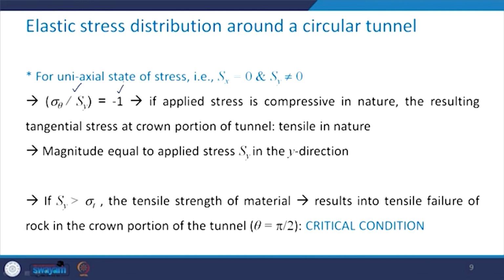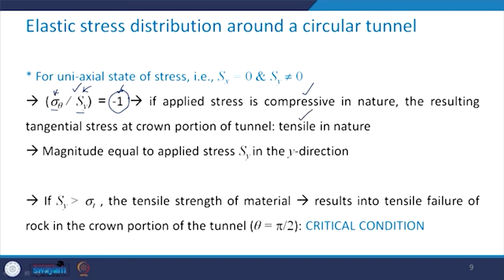If the applied stress is compressive in nature, the resulting tangential stress at the crown portion of the tunnel becomes tensile in nature, because you see that the ratio of these two is minus 1. So, in case I take this Sy to be compressive, obviously with that logic this sigma theta will become tensile in nature.